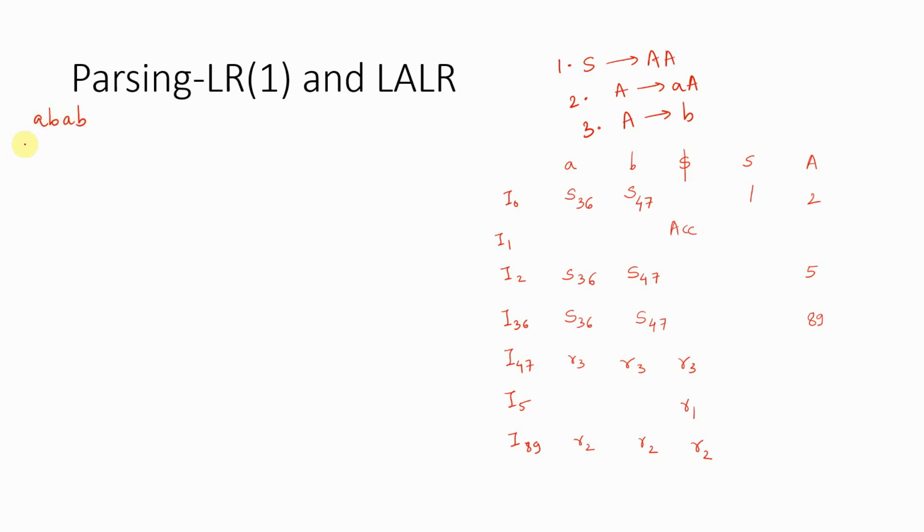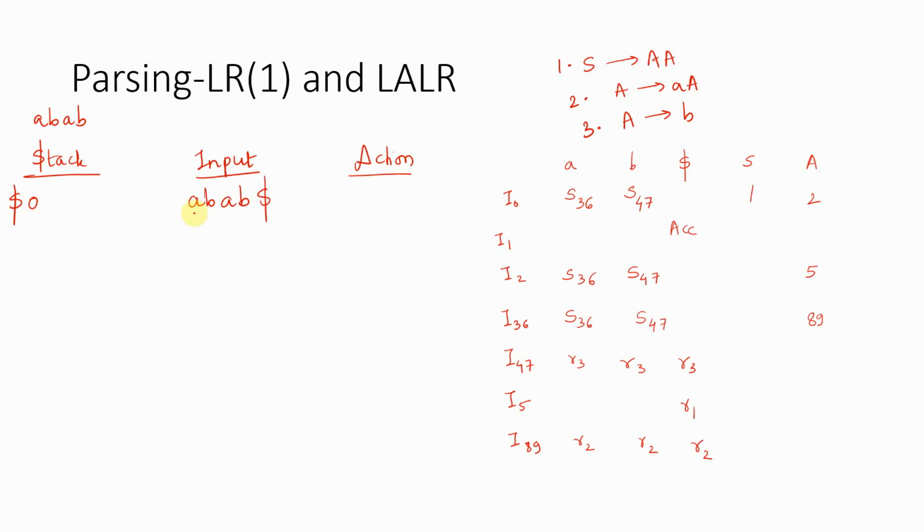So we have three components during parsing: one is stack, second is input, and third is action. Fine. To begin with, let's store state 0 in the stack, and the input given to you is AB $. Okay.